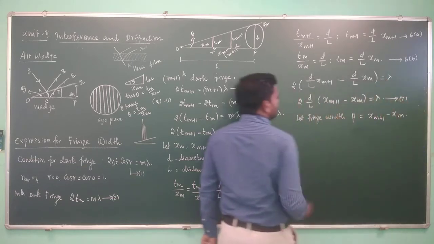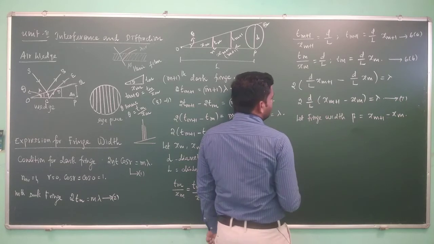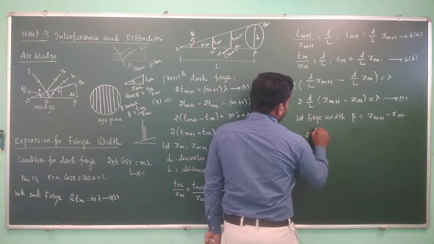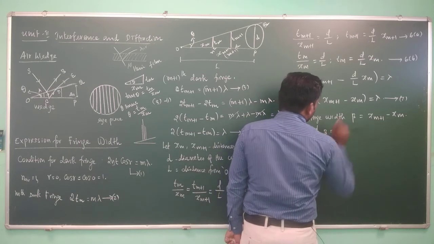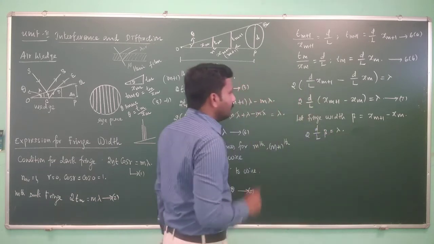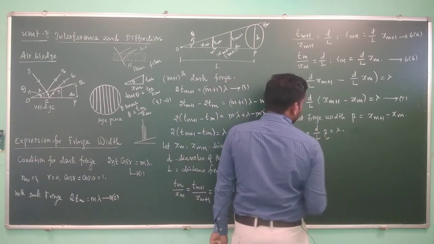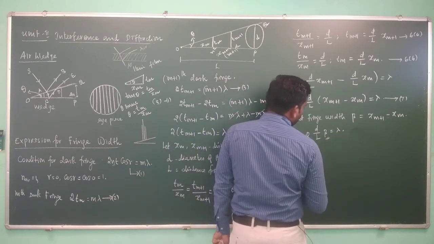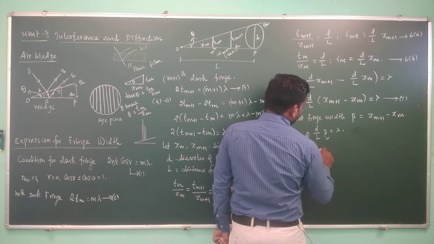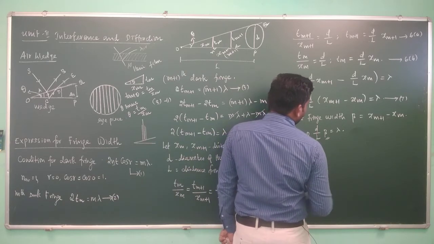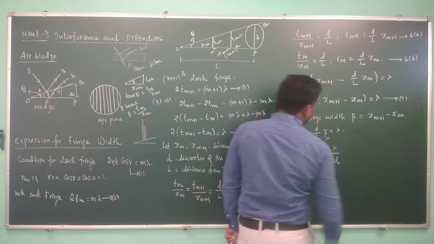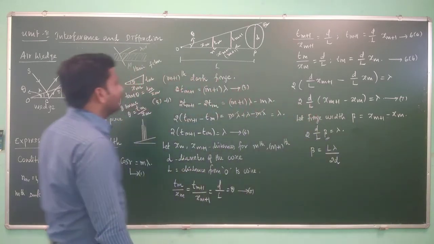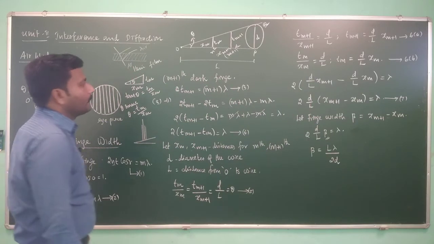So substitute this in equation 7. So what we will get, 2 times D by L into beta, which is equal to lambda. What we want is fringe width beta, so you can rewrite this equation, beta equal to L lambda by 2d.